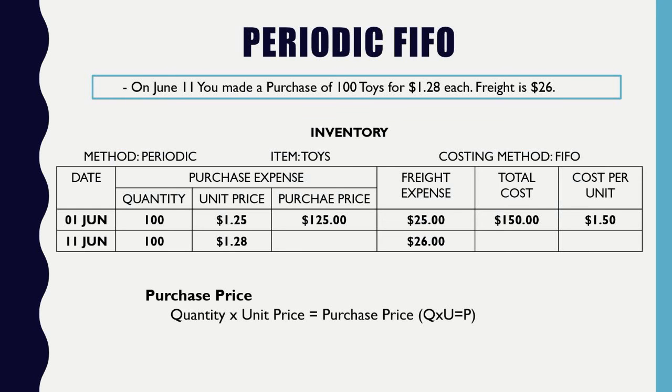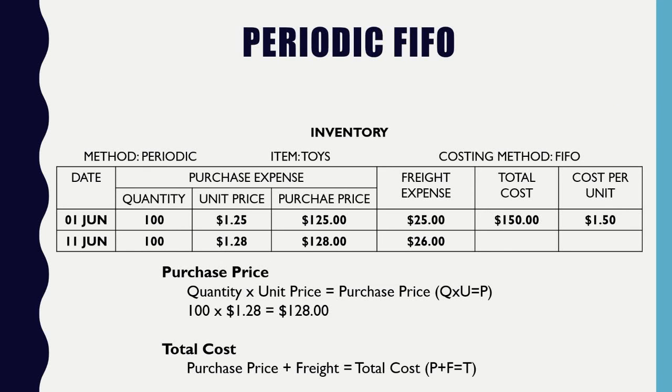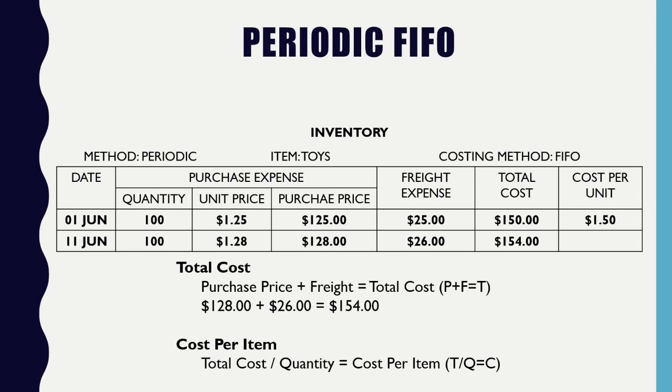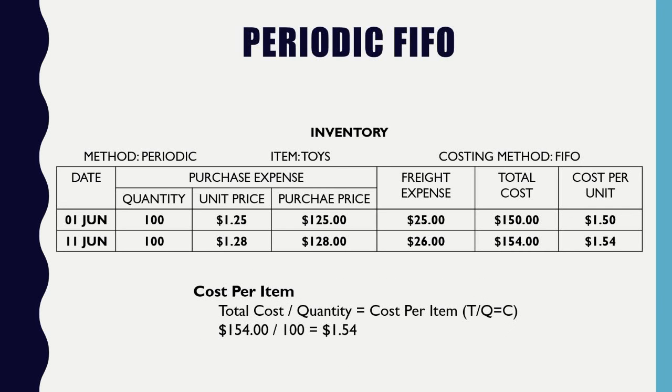Just like how we did the previous one, my total purchase price is 128, plus my freight of 26 to give me 154. And now I need to calculate my cost per item. What's my cost per item? It's going to be $1.54.